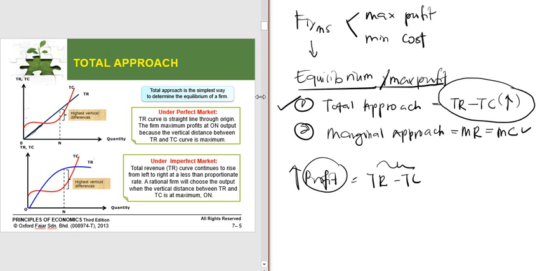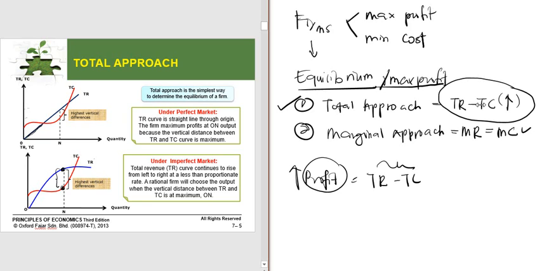If you use the total approach to get maximum profit, the gap between total revenue and total cost must be the biggest. In this graph, this is total revenue and this is total cost, and this is the gap between them which is the biggest.